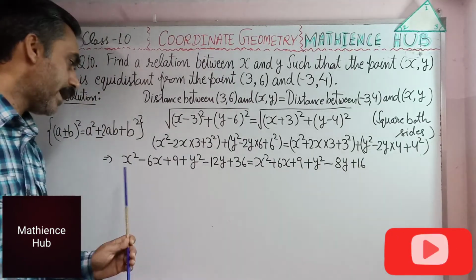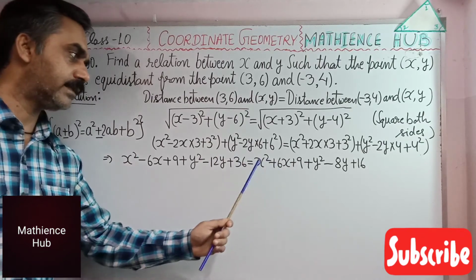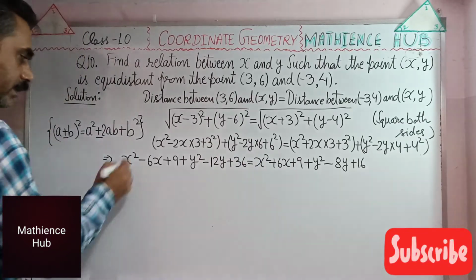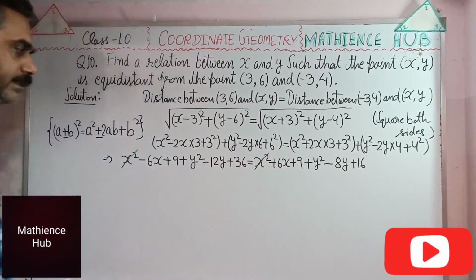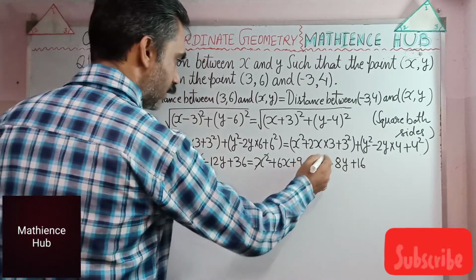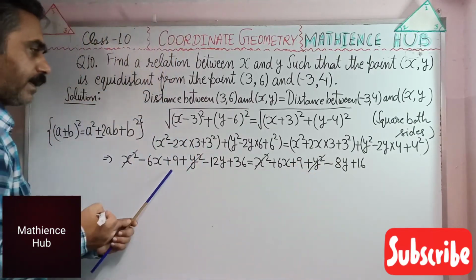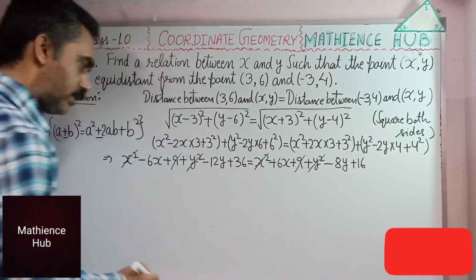So you see x square plus y square on both sides with the same sign, it is cancelled. Any number which comes on both sides with the same sign, cancel it. Y square is cancelled. Here plus 9 and here also plus 9 is cancelled.